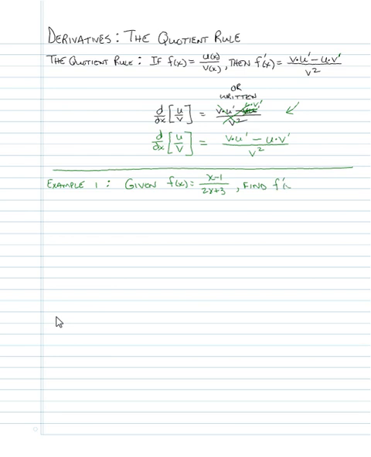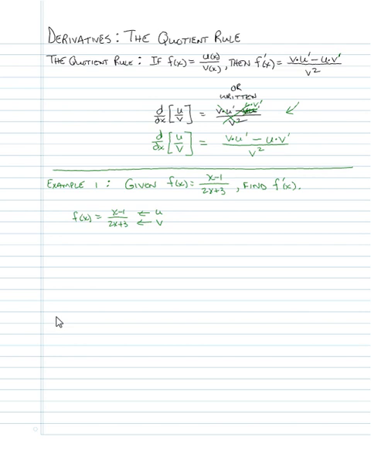We're to find the derivative of f. Now, we recognize, I hope, that in this setup, the top function is the u, that's the numerator, and the bottom function is the v, as goes by that formula.